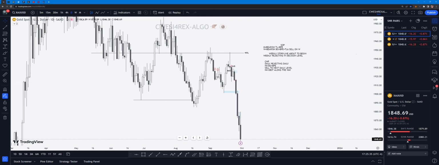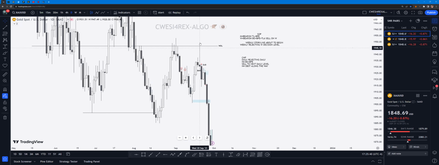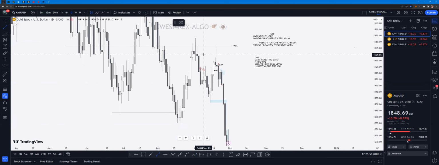On the daily time frame, we have this rejection over here. We have price rejecting this weekly level, which we can break down to the daily storyline.